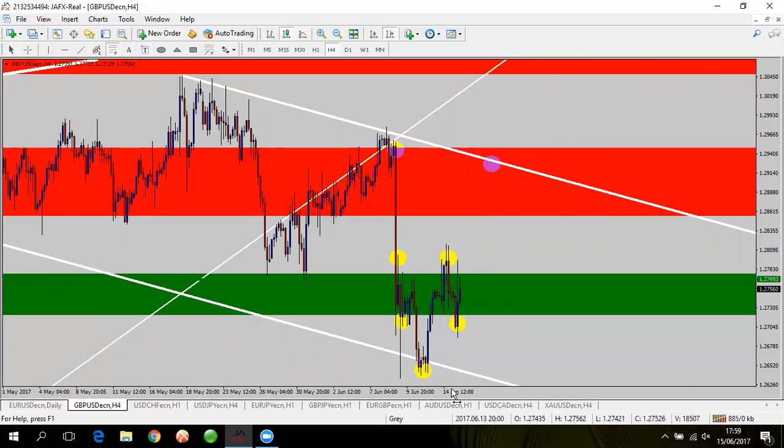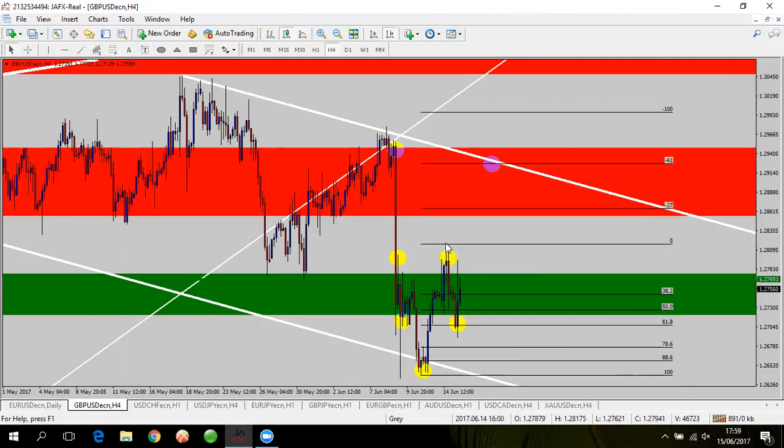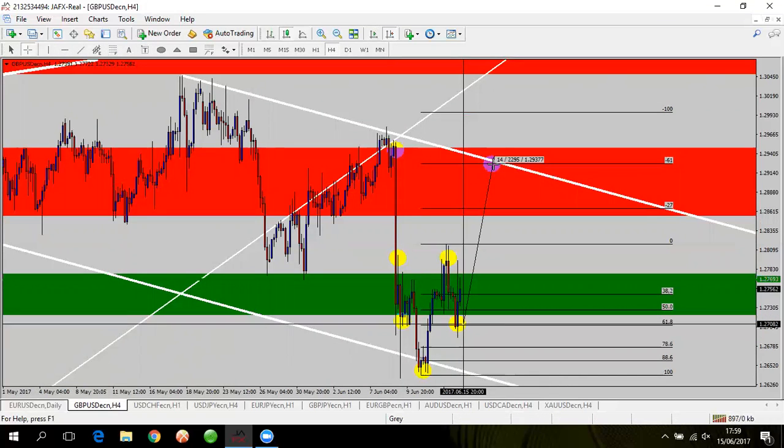So currently on the daily, we are looking for a short opportunity, but short term on the 4 hour, we get a 61.8 retracement, and look what we get straight away, our minus 61 extension up here at 1.2925. So it's a 200 pip move all the way back up there.